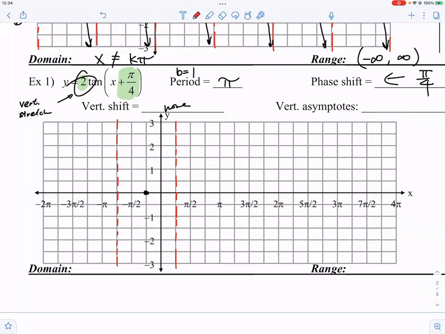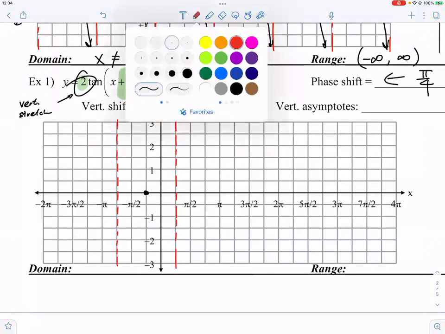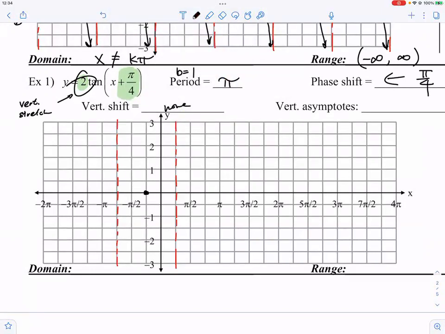So this is a unit of pi. The width of this first graph is going to be pi units. And then we have a vertical stretch of 2. So originally we would plot the y value of 1, and now it becomes y value of 2.